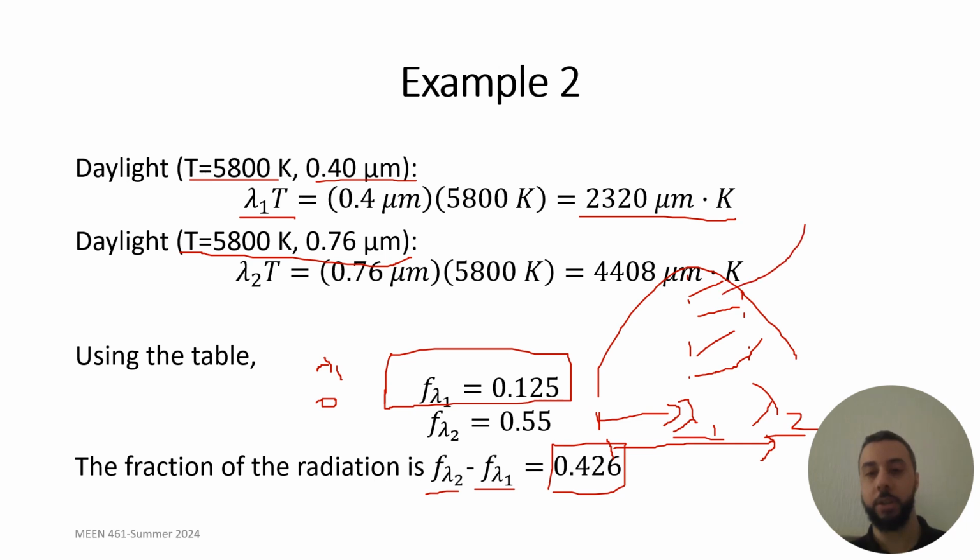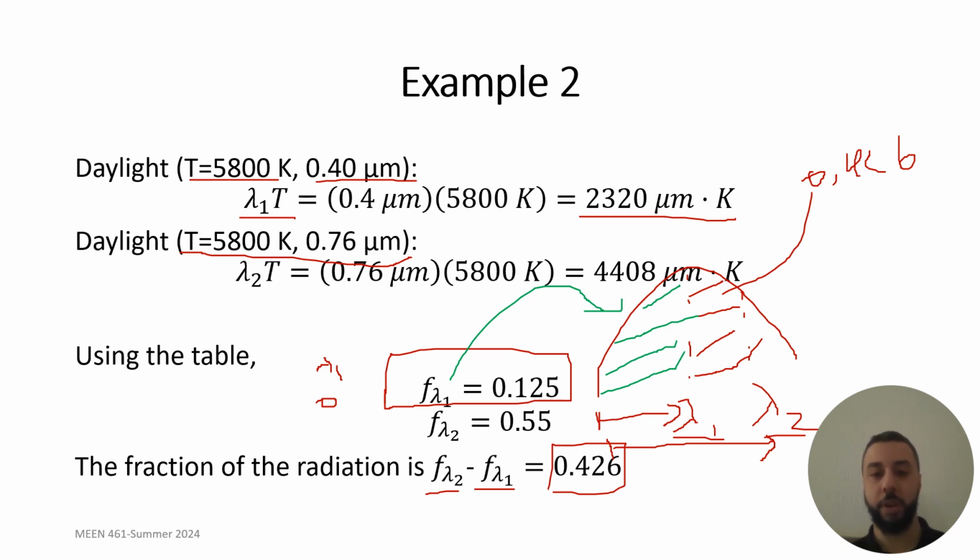So this area is 0.426. And this 0.125 is going to be all this area from 0 to lambda 1.